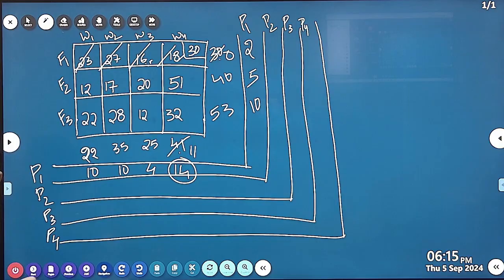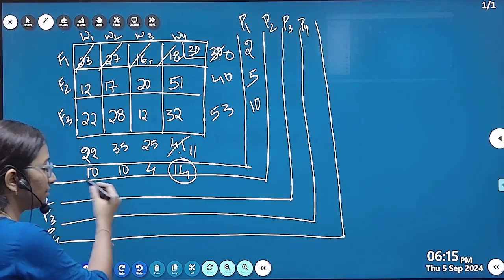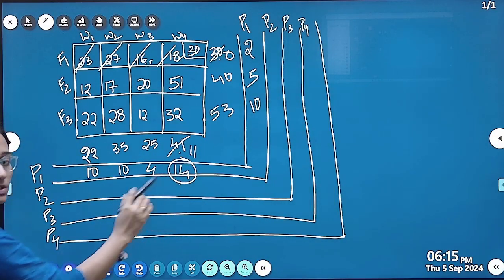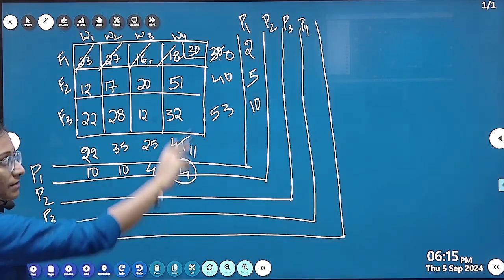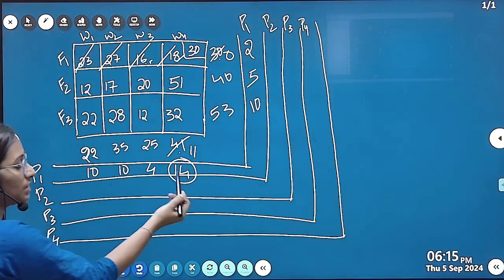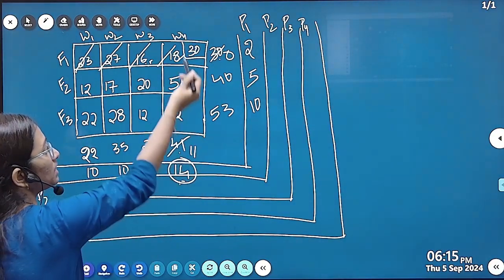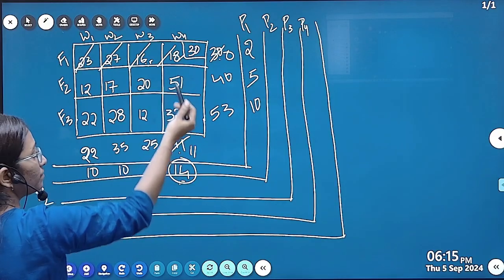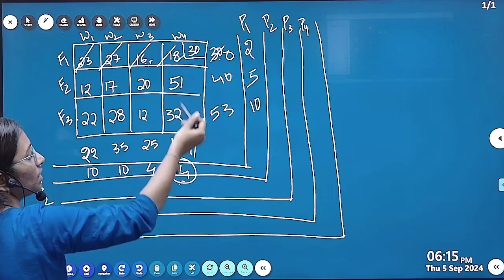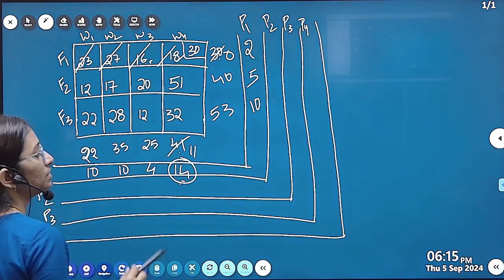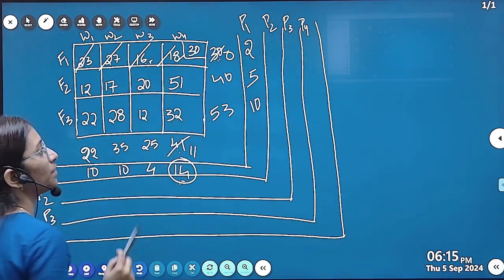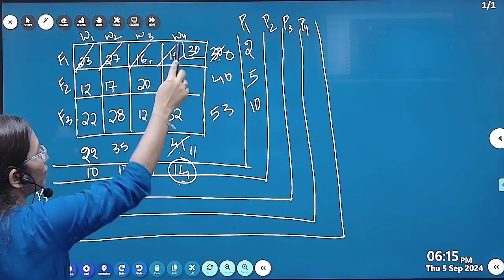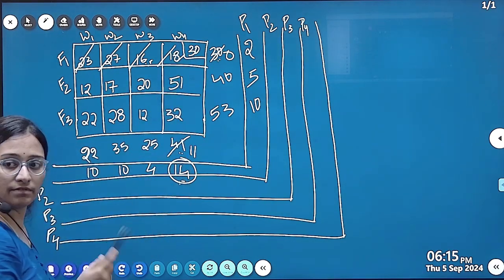Clear? Not clear? This is clear. Yes. So we need to choose a higher number from the column wise and the row wise. So this is the higher number we have chosen. That means we need to look at this column now. This column, which one is the least cost in this column? 18, right? So how many units does 18 require? 30. And how much does W4 have? Now it is 41.